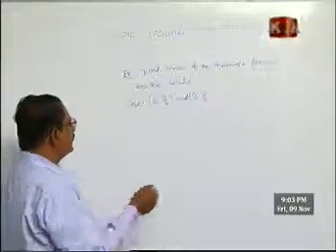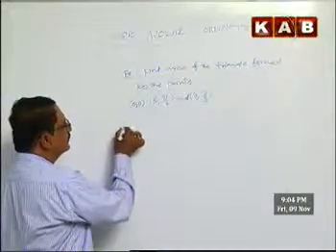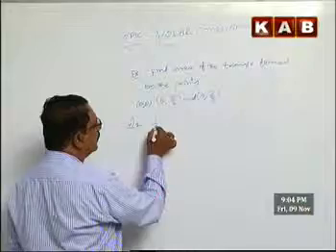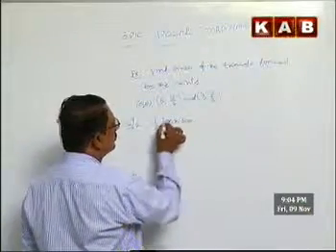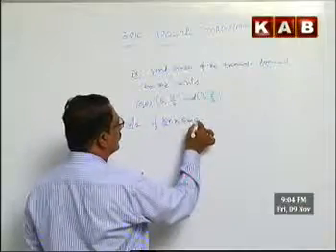The area formula is half into sigma r1 r2 sin of theta 1 minus theta 2.